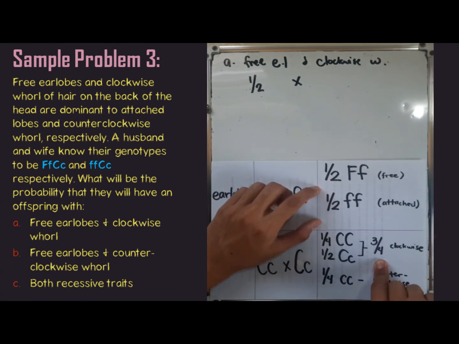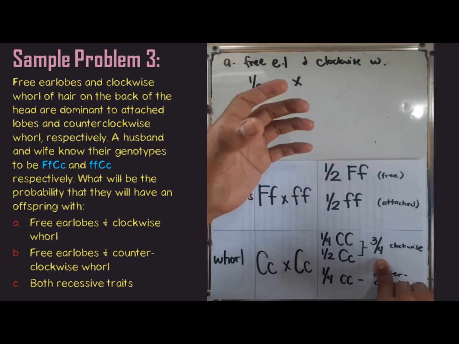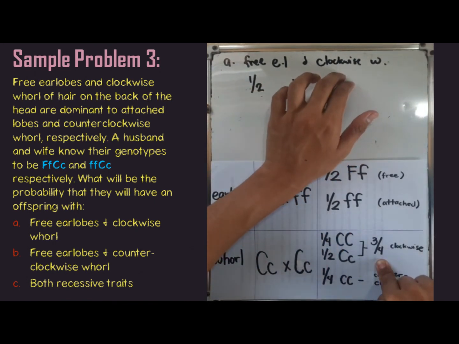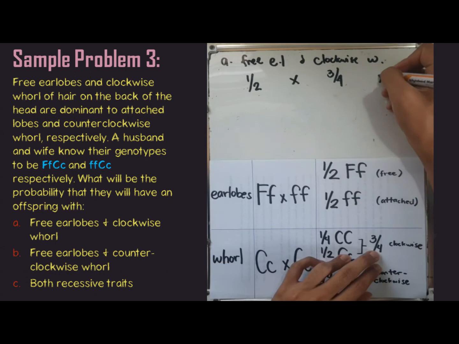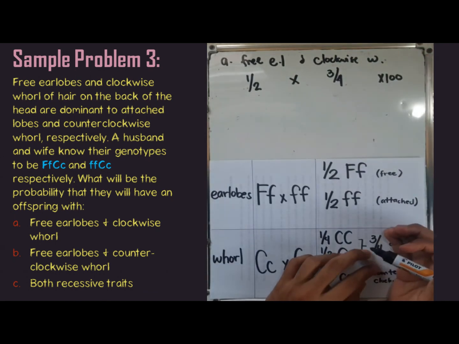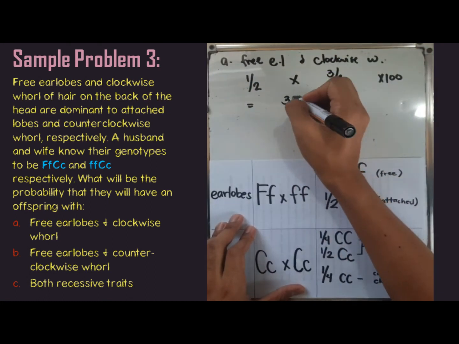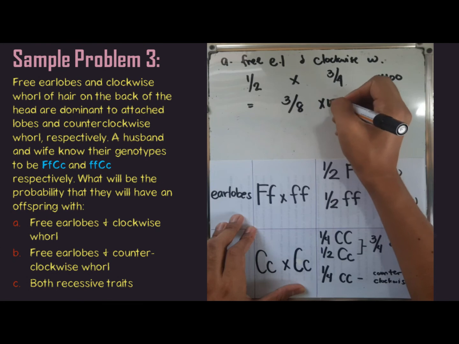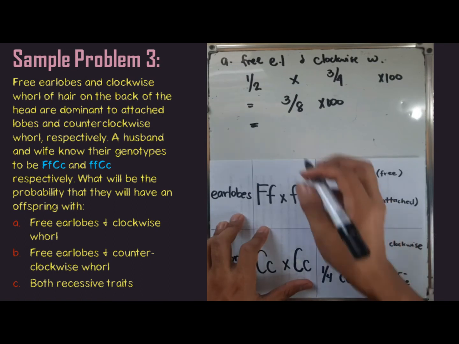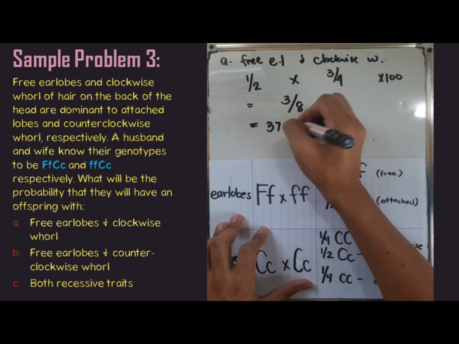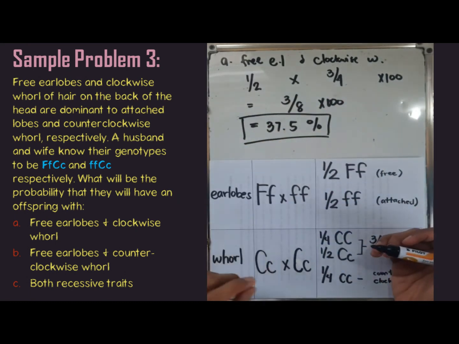Okay? Please take note, it is not 1/4 plus 1/2 only, but rather we are going to combine them since we are talking about the specific phenotype. So that would be equivalent to 3 out of 4. Then do not forget to multiply this with 100, in which we're going to arrive at 3 out of 8 times 100, which would give us the probability of 37.5%. Okay, so this would be our answer for letter A.